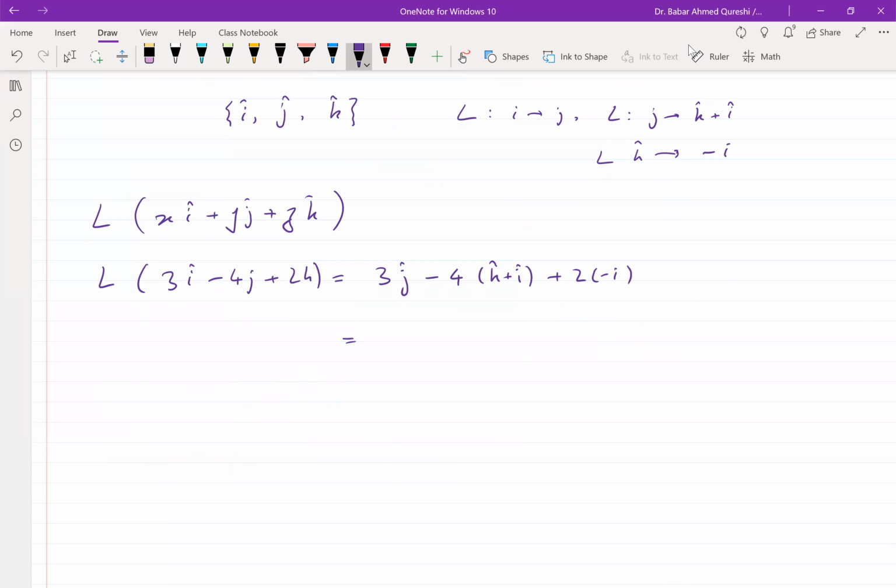So if I now start collecting these, I get minus 6i plus 3j minus 4k. So I know then where this vector goes. This goes to this vector. And I got it just because I knew the action of the linear transformation on the basis vectors.